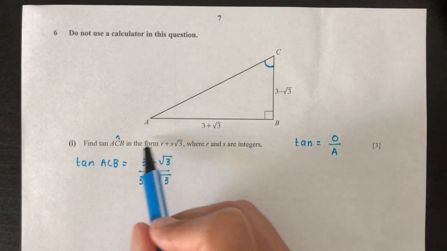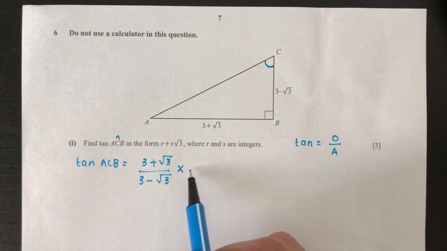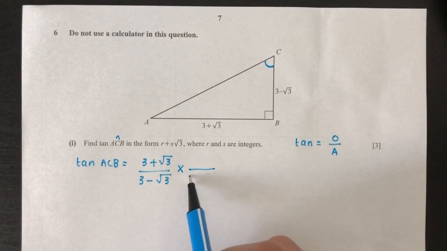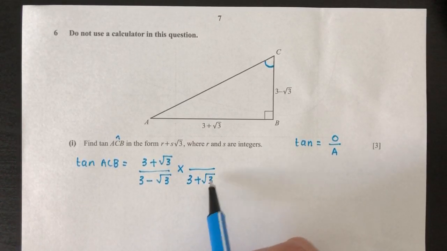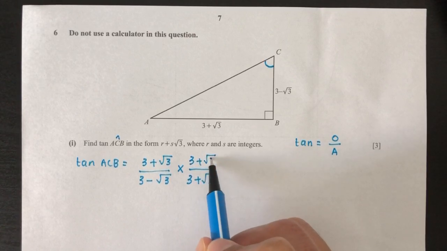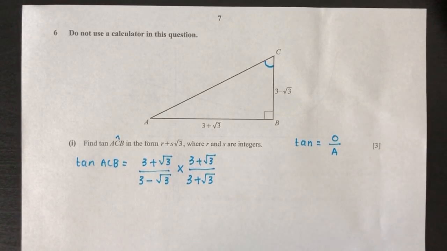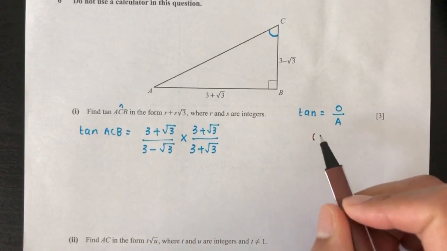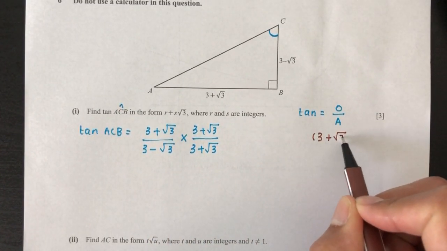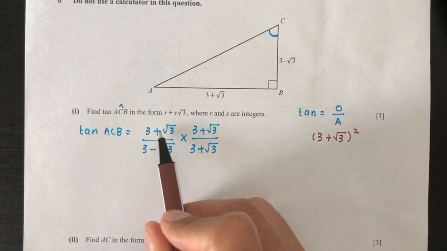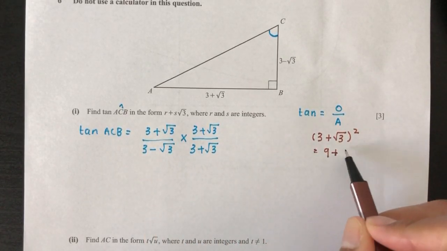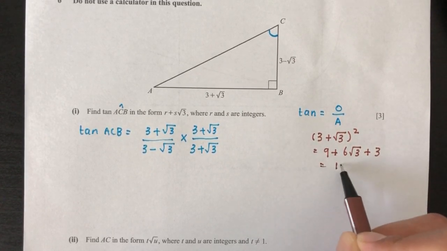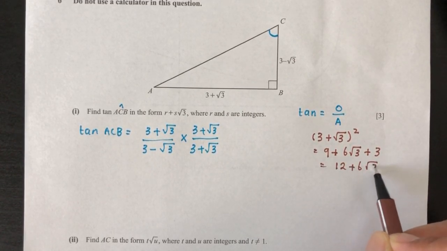Next step is we have to simplify this. We multiply top and bottom by the conjugate, 3 plus root 3. Let's simplify. The top is going to be 3 plus root 3 squared, because they are the same. That will be 9 plus 6 root 3 plus 3, that is 12 plus 6 root 3.